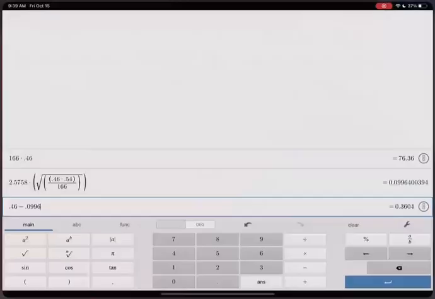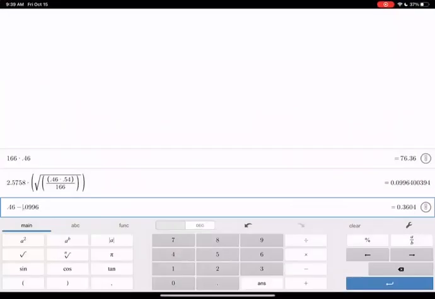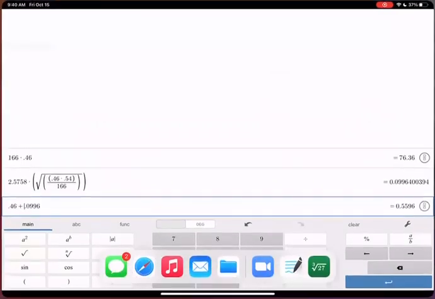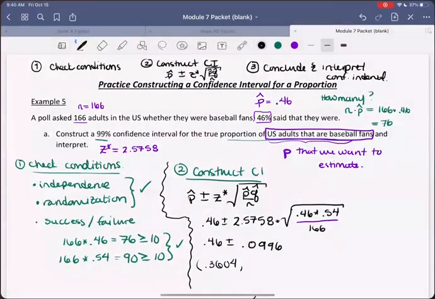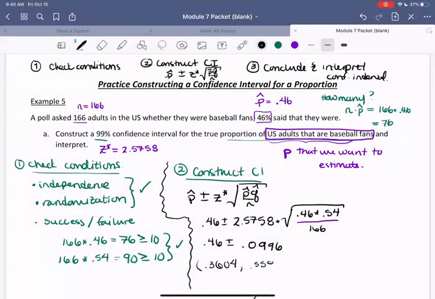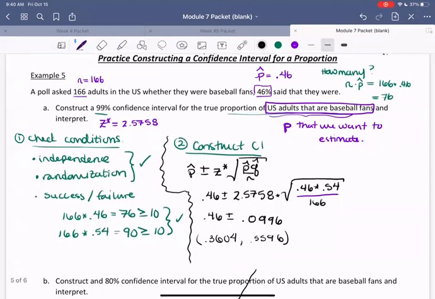And my upper bound is going to be the same thing, but I'm going to add now that margin of error. So we're going to add. We get 0.5596. So here is our confidence interval.